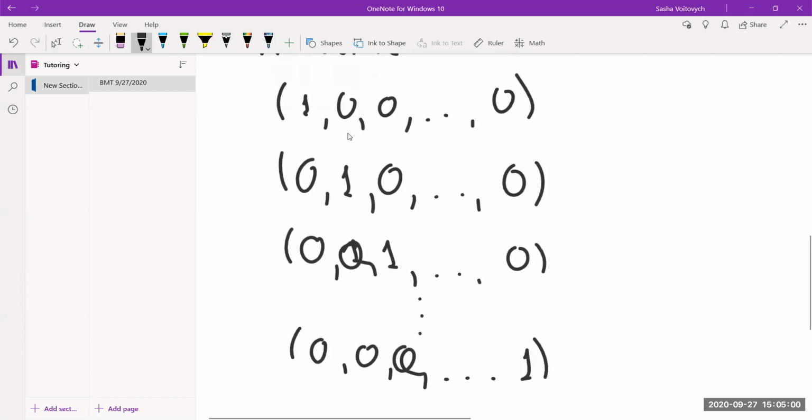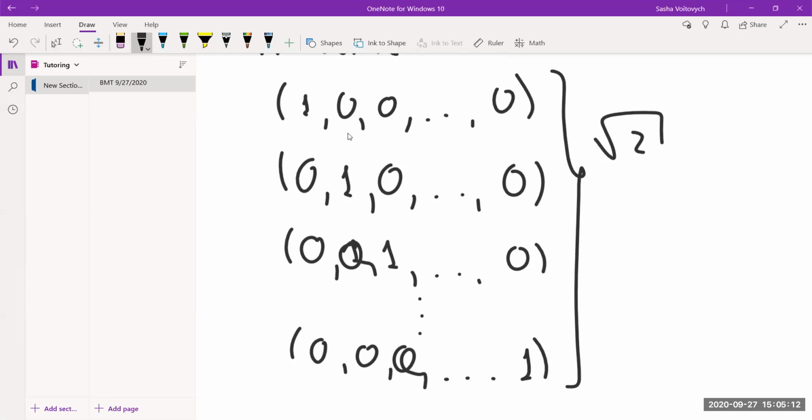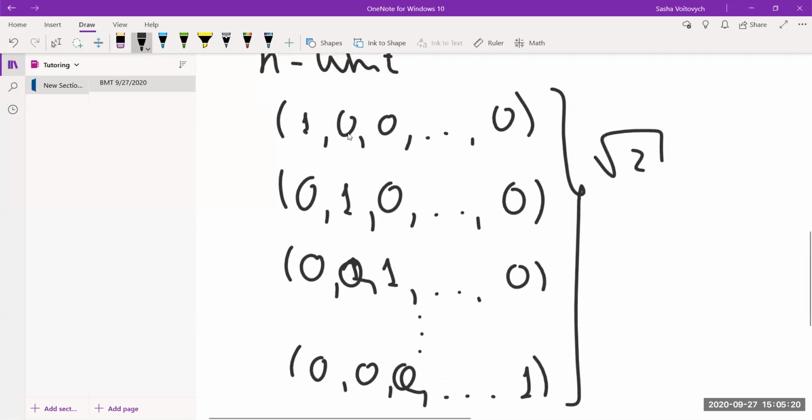Like this. So these will be equidistant. In fact, distance between any two of them will be root 2. So I hope it is clear why they're equidistant. If not, you guys can ask questions.